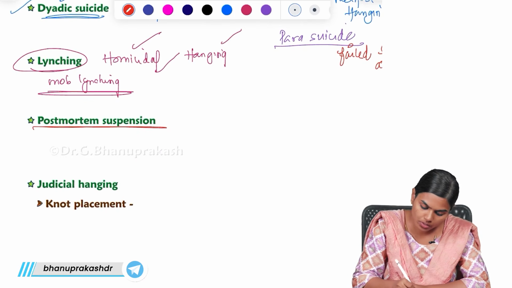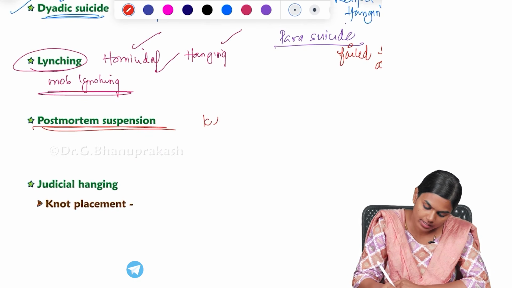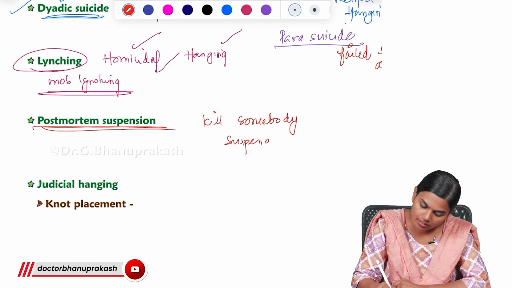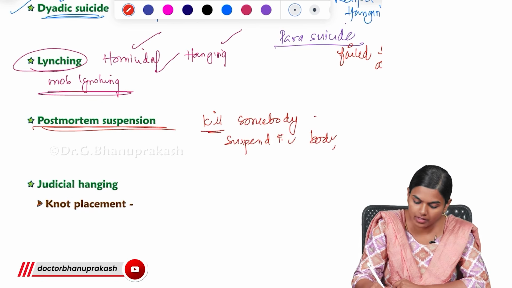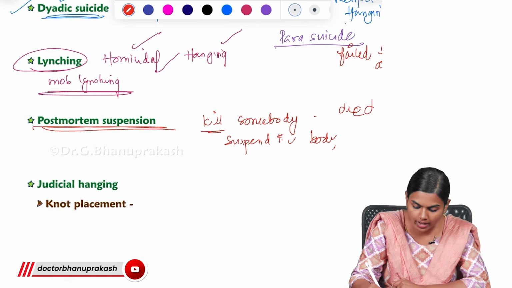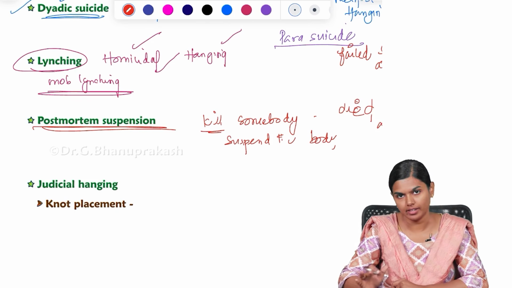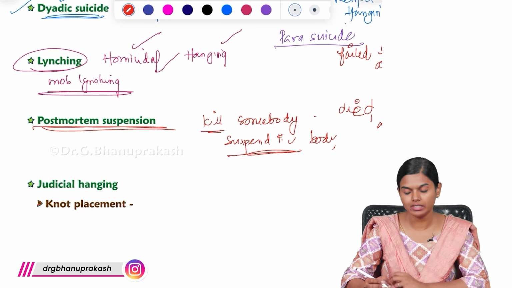So post-mortem suspension means they will kill somebody and afterwards they will suspend the body. Like not necessarily kill, like they would have died of another reason. But to mask that, they will hang the body, they will suspend the body.